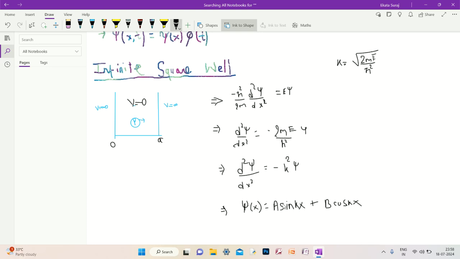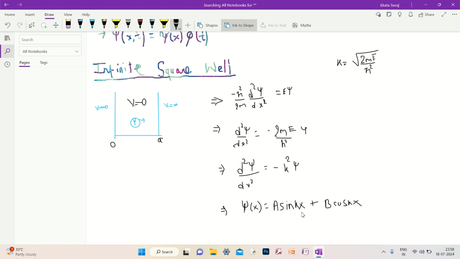Because psi x is equal to a sine kx plus b cos kx is not the complete solution. There are some rules to define the wave function inside the infinite square well, which I am going to discuss in the next video. What are the properties, and how can we choose the wave functions in the infinite square well, because we cannot choose an arbitrary wave function.